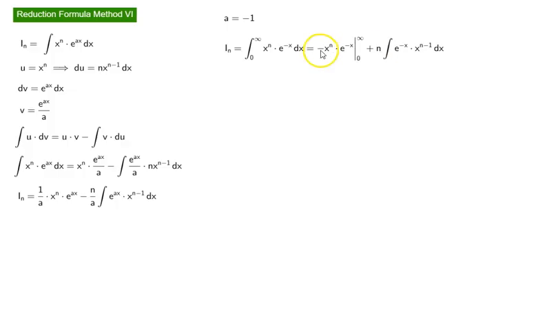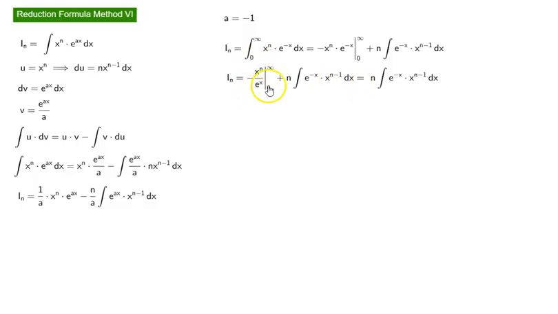And finally, one minus will come up here because we have 1 by a and a is minus 1. I sub n is equal to, I'm just rewriting it in a different way, minus x to the power of n by e to the power of x from 0 to infinity plus n times the integral of e to the power of minus x times x to the power of n minus 1 dx.